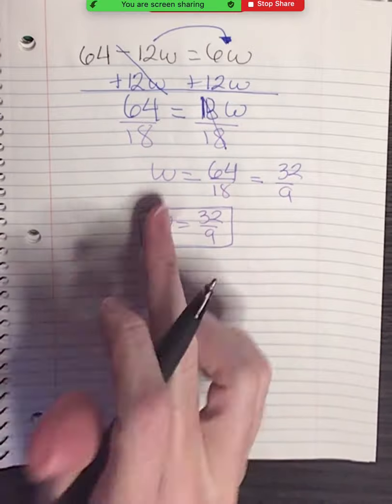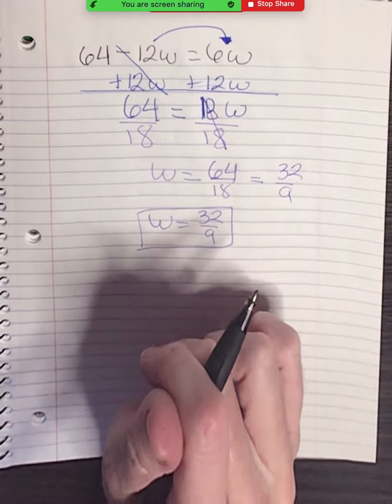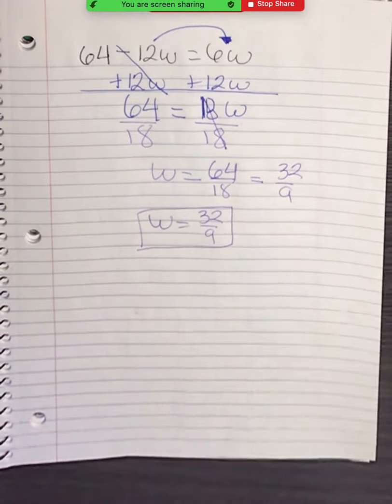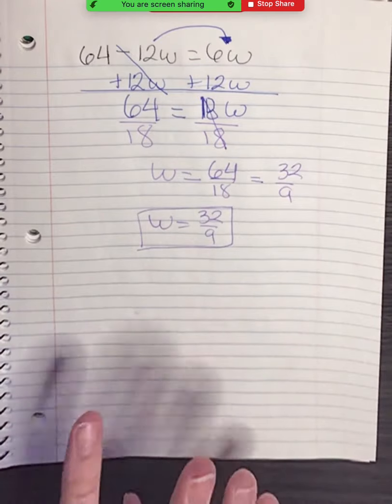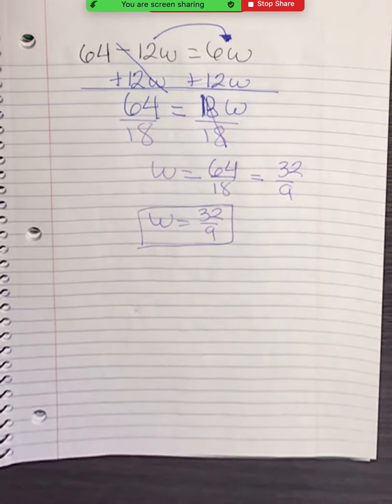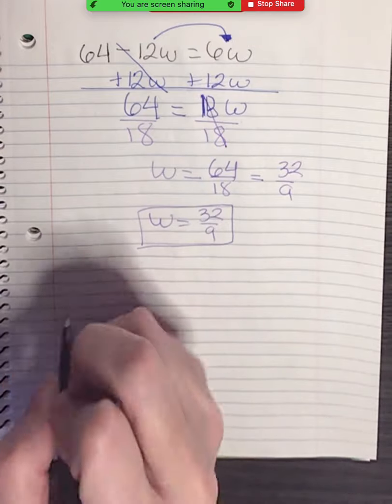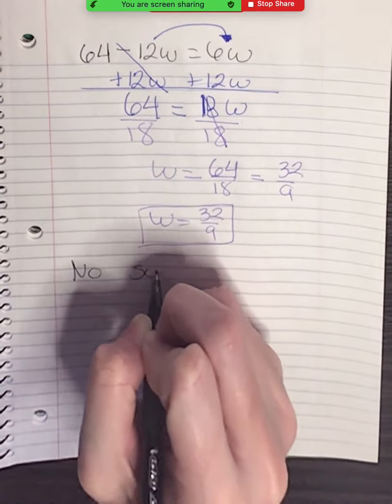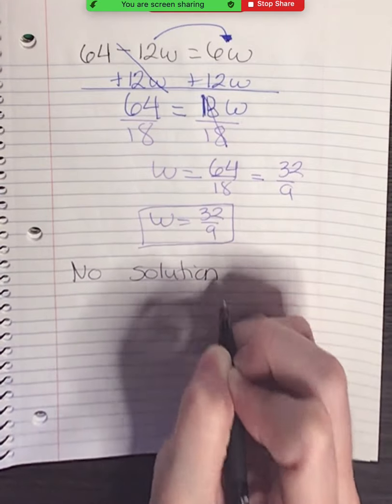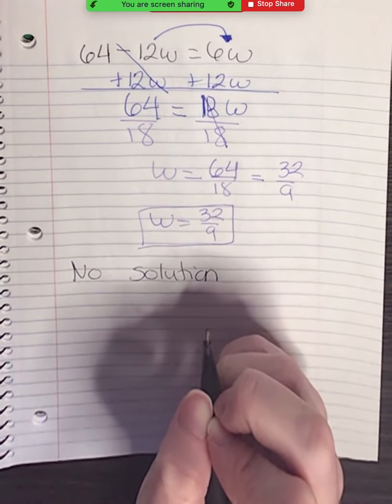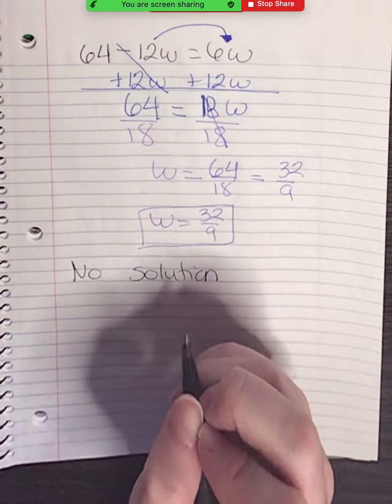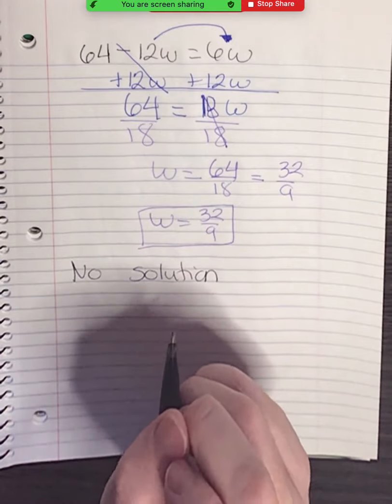So the first two examples that we have give you a solid answer for your variable, okay? It tells you this is what w is. The last one told us what x was, okay? Sometimes you're going to have no solution, which means no matter what you pick for your variable, it's not going to work. The left will not equal the right.